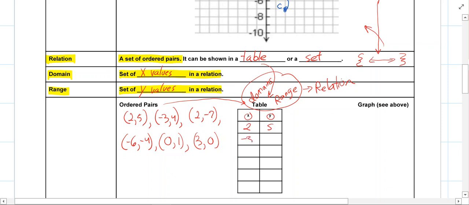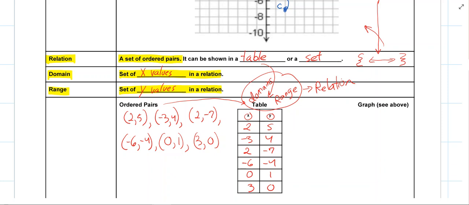Next one is -3 is the x, 4 is the y. 2, -7, keep them together. -6 and -4, and 0, 1, and 3, 0. So make sure your x is belonging to the y that it is in the ordered pair. All right, now how do we graph these things? Well, just look above. We've already done that. Way up at the top.